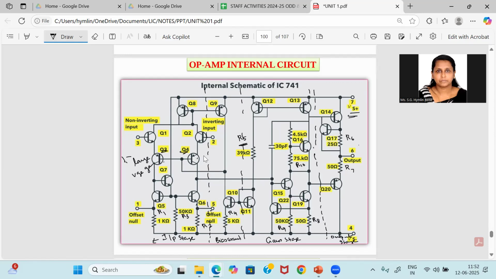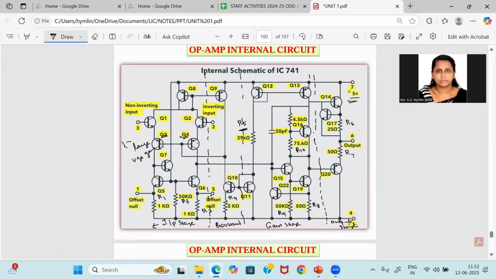Next is the gain stage. Q16 and Q17 are the major transistors used here, with Q16 acting as an emitter follower for achieving high input resistance. Level shifting is done for the signal at this stage.